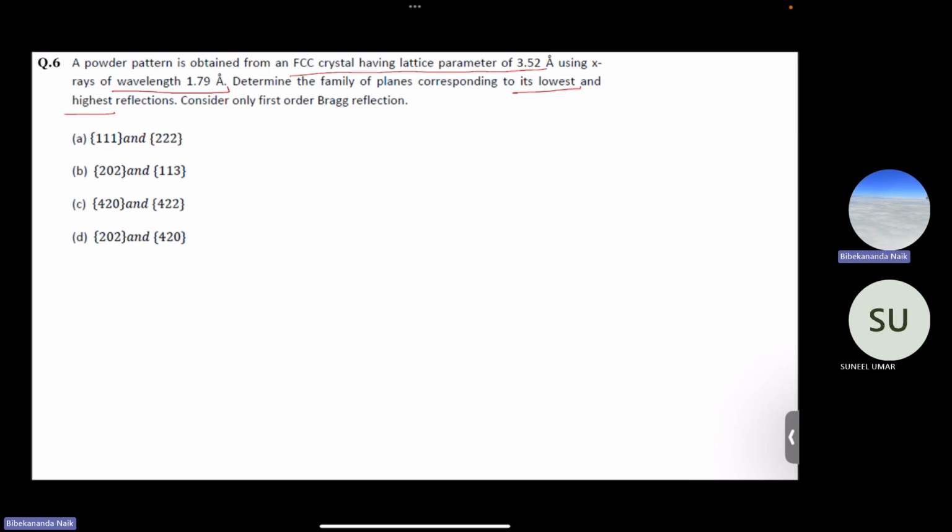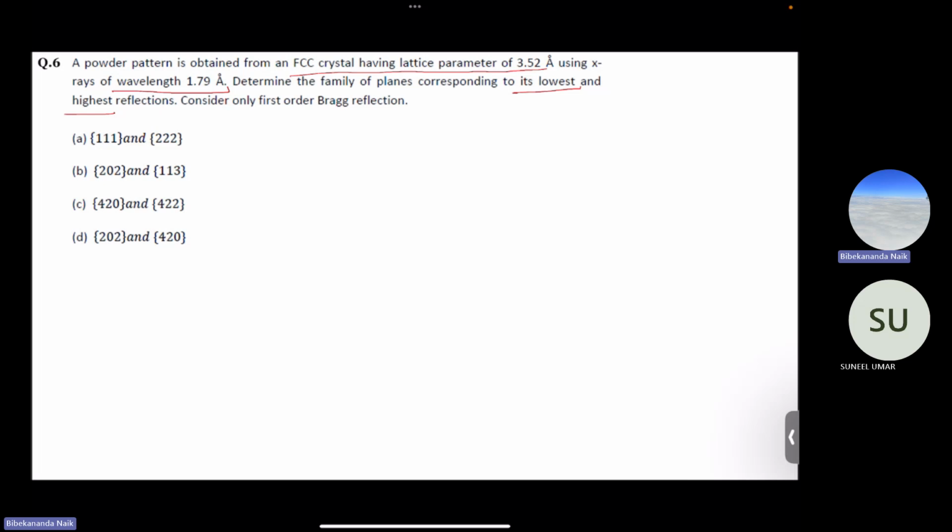parameter 3.52 angstrom. The options are option A 111 and 222, option B 202 and 113, option C 420 and 422, option D 202 and 420. So these are the four options.